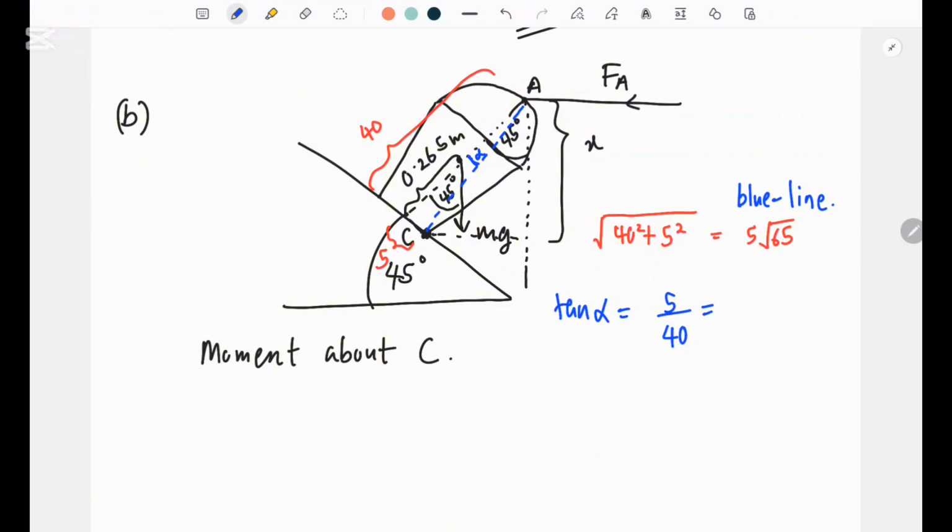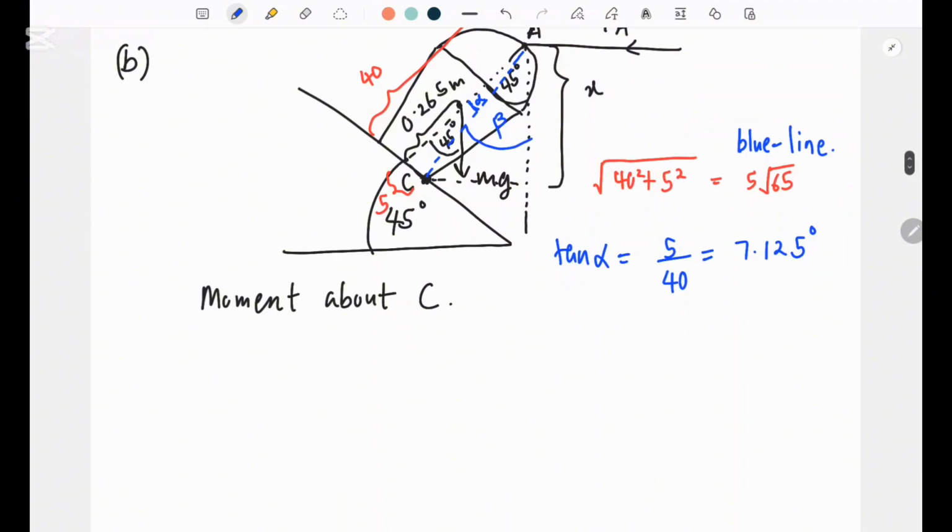So this would give you tan inverse 5 over 40, which in degrees is 7.125 degrees, alright? So to find this angle, beta, we could write beta equals 45 minus 7.125 degrees, right?